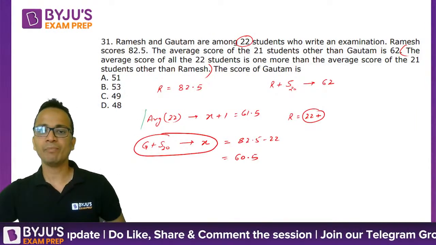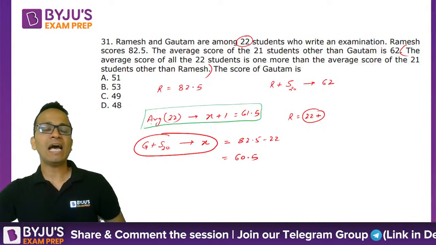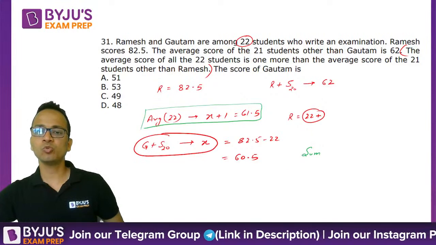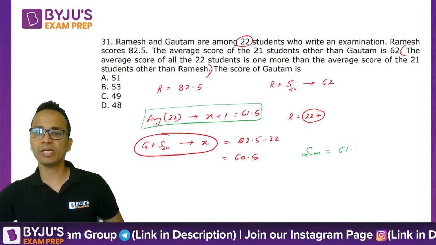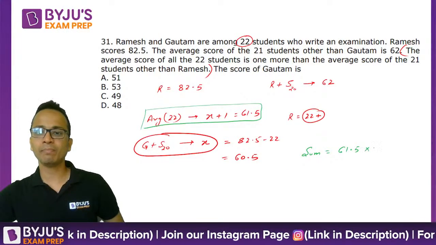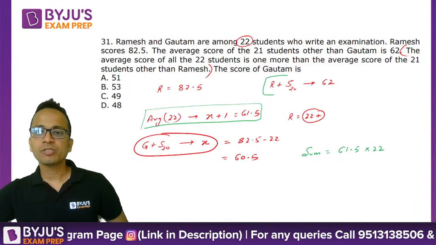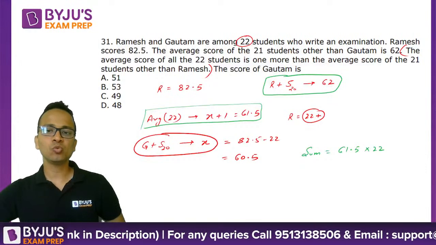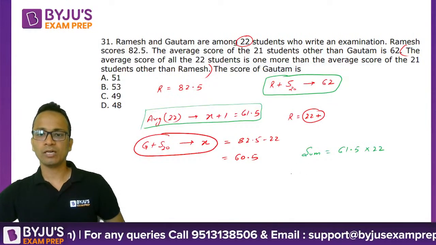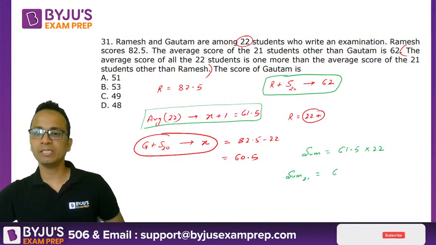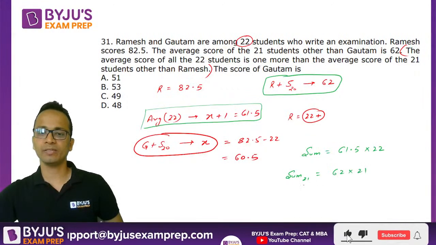Now consider this. Average of all 22 students is 61.5. So the sum of all students will be equal to 61.5 multiplied by 22. The average of Ramesh and the other students is 62, so the sum of these 21 students will be 62 into 21.